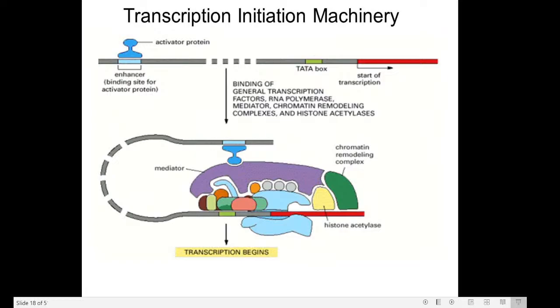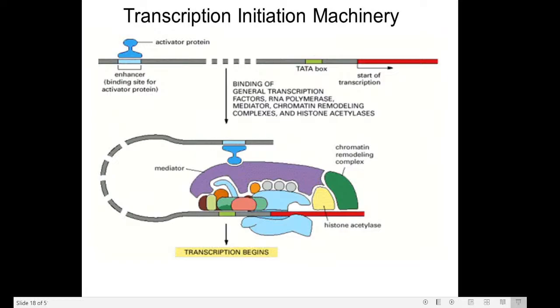That initiation signal is formed through the initiation complex. What are the components of the initiation complex? You can see the chromatin remodeling complex, mediator, histone acetylase and transcription factors. These are very important. The activator protein binds with the enhancer; the enhancer is the binding site of the activator protein.